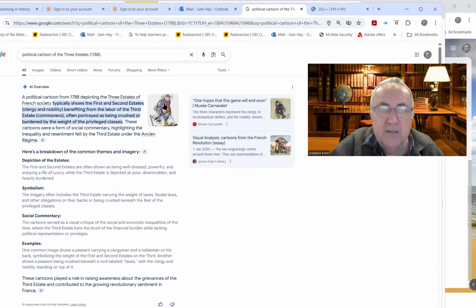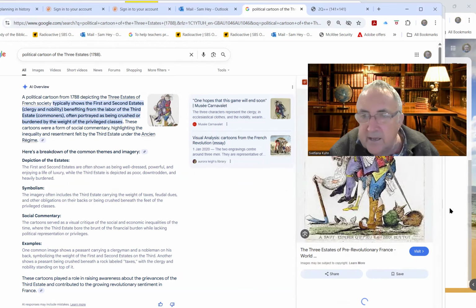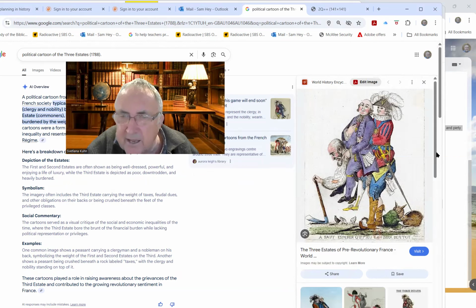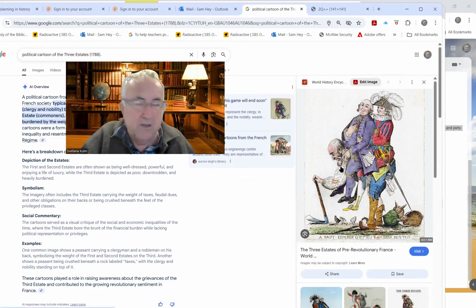But you've got these cartoons, and here is the cartoon of the three estates, and it looks like one view is that the military might carry the religious, and they in turn carry the working person.